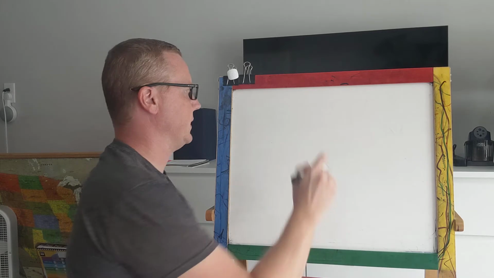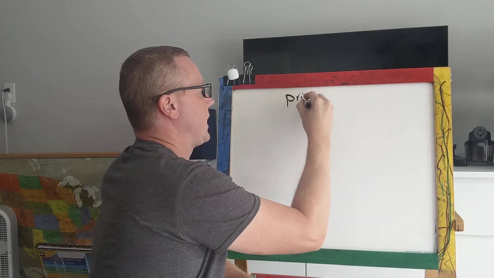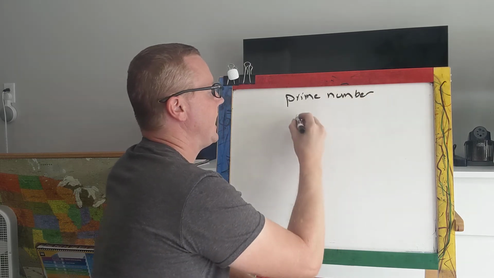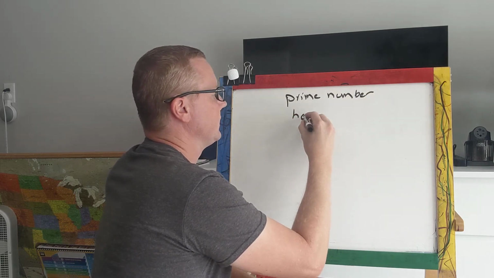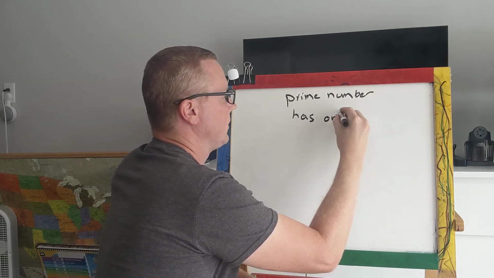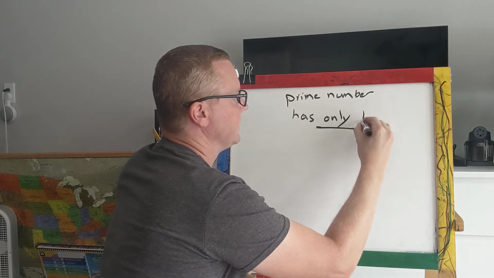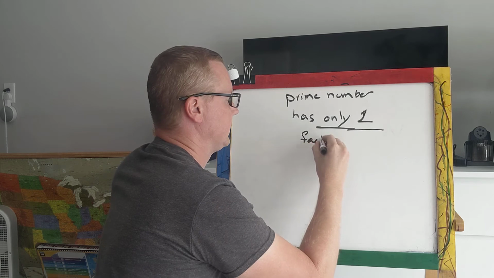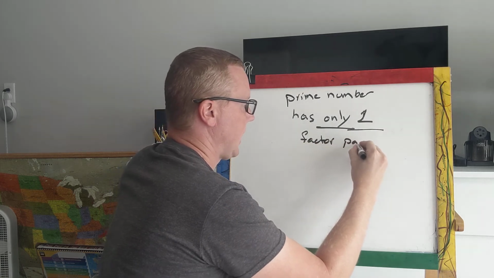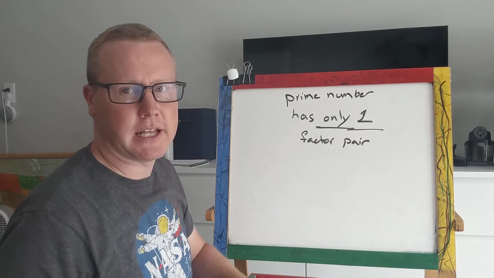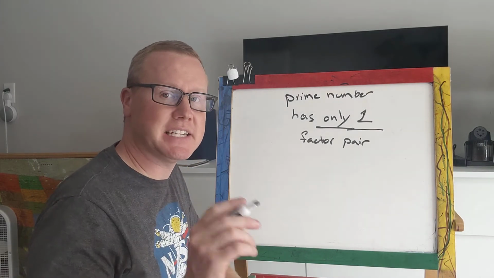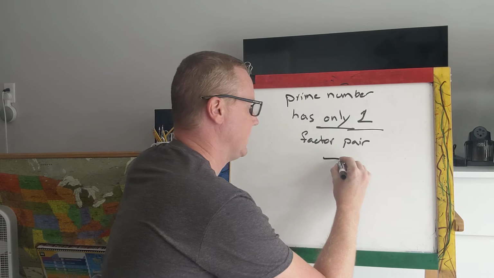So a prime number has only one factor pair. What would that look like? I just happen to know off the top of my head, 7 is a prime number.